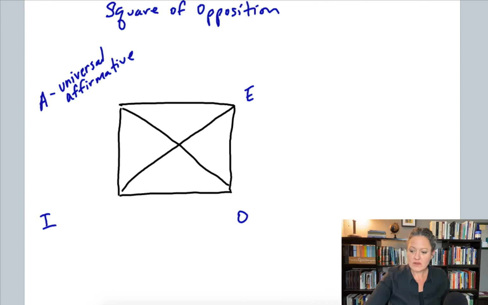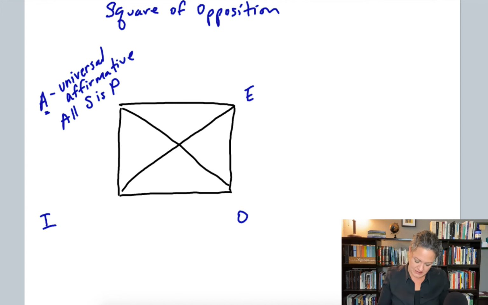All iPhones are Apple. Okay? Actually, I have a better example we'll use. So all S is P. That's an A statement. Okay, that's the universal affirmative.